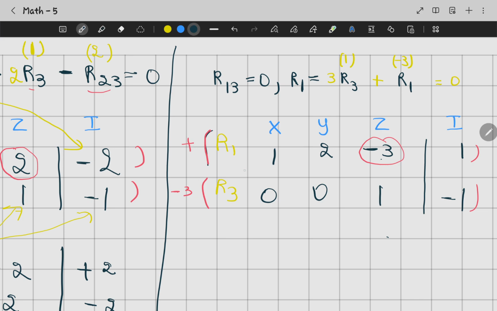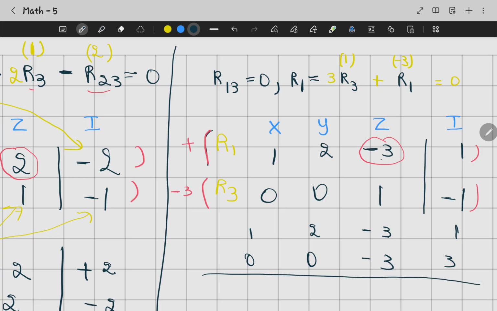Okay, and if I do my calculation correctly, this one should be just 1, 2, 3, 1. And then if I multiply by negative 3, it should be 0, 0, negative 3, negative 3 times negative 1, 3.